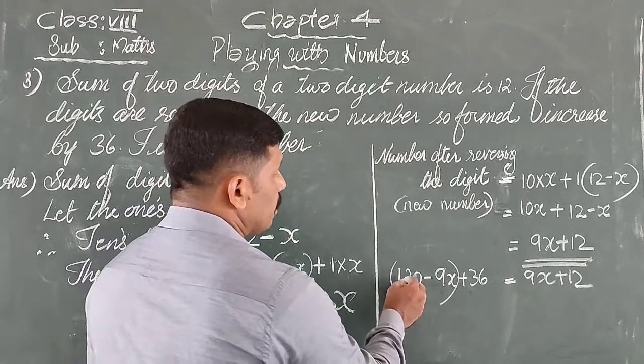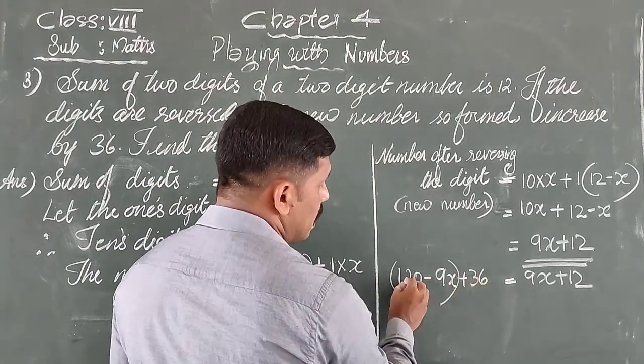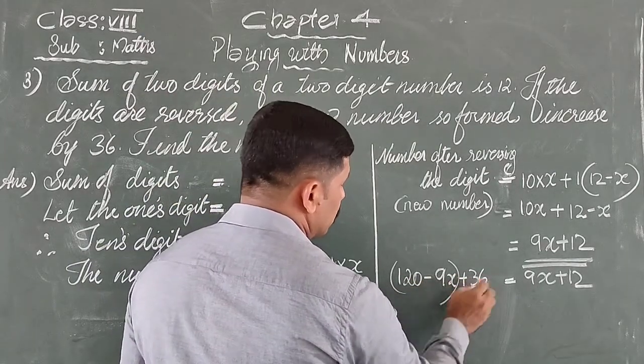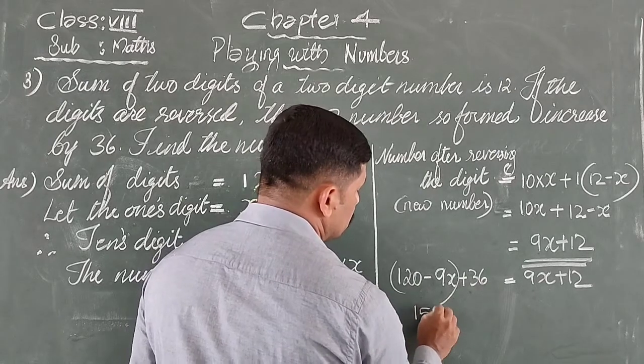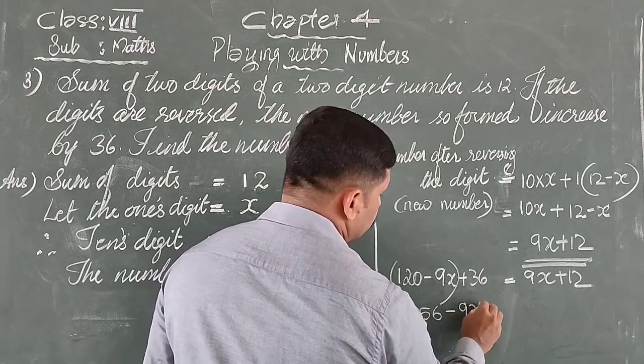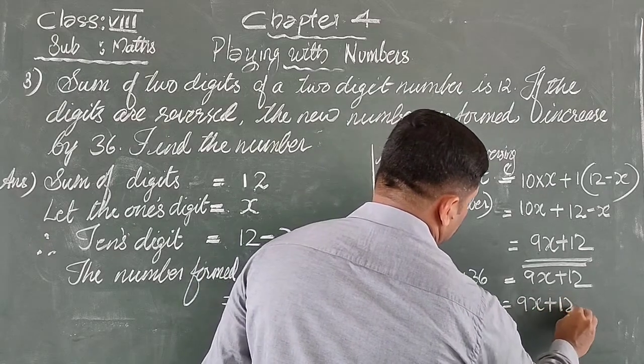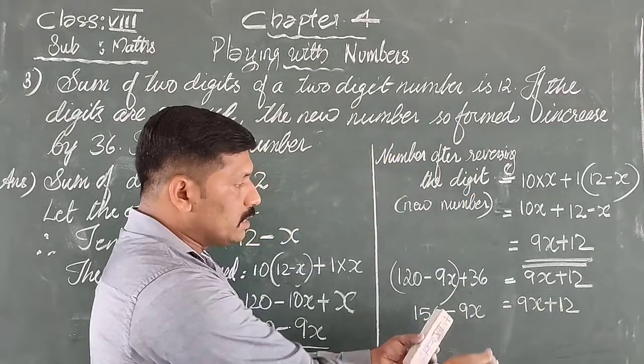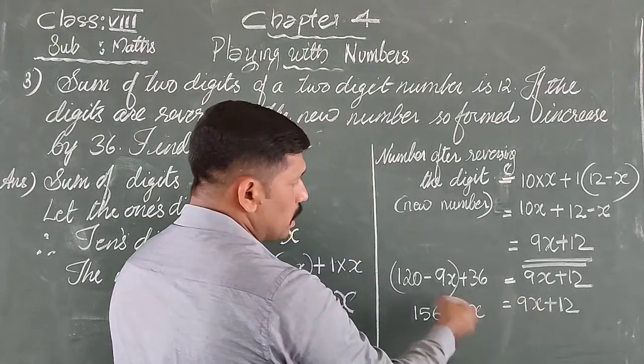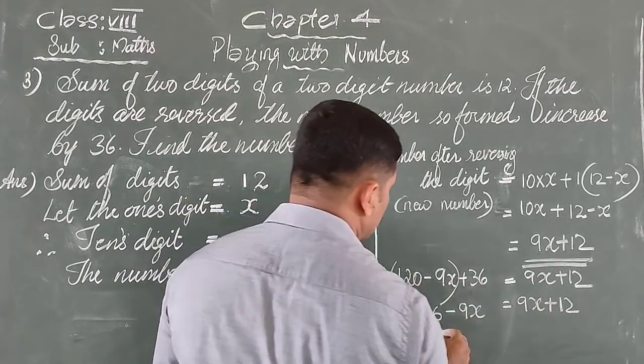So we add this. We can add 120 plus 36, which is 156, minus 9x is equal to 9x plus 12. Now we take the 9x terms to one side and the numbers to the other side.